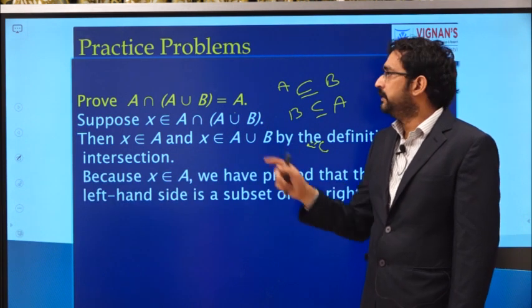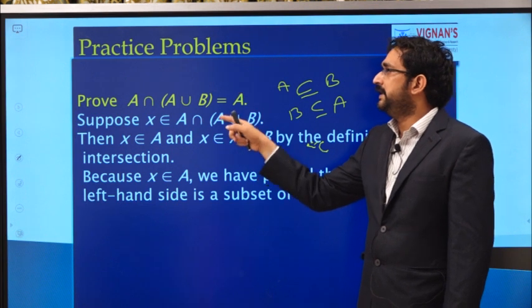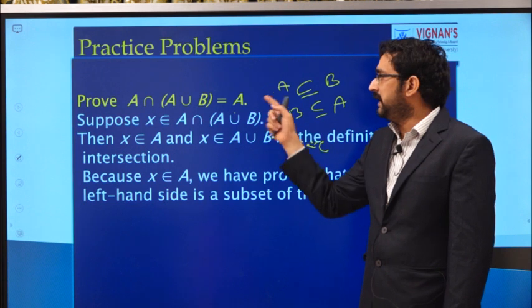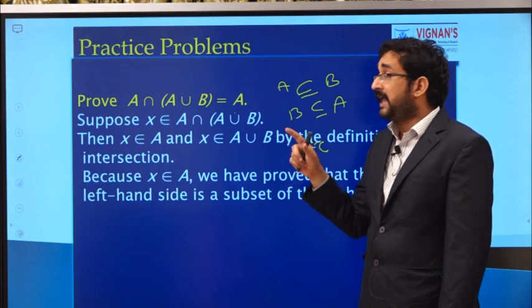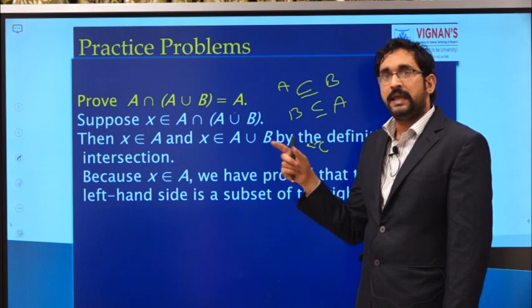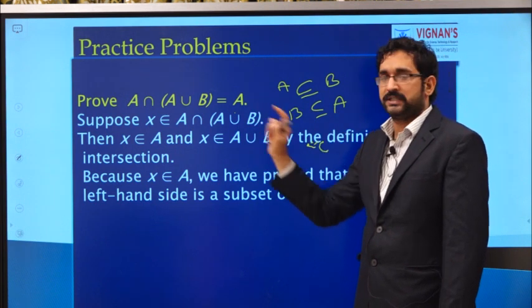Next, what do we have to prove? A is a subset of A intersection (A union B). So by taking an element X in A, we should prove that X is in A intersection (A union B). If we are able to prove that, we can claim that A is a subset of this part.